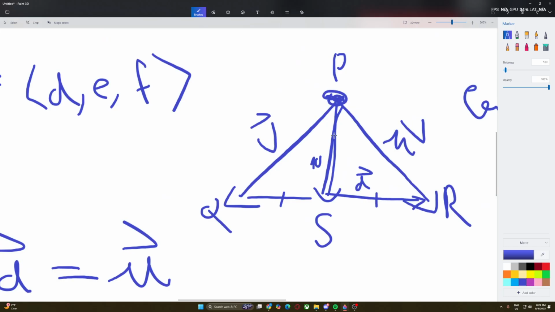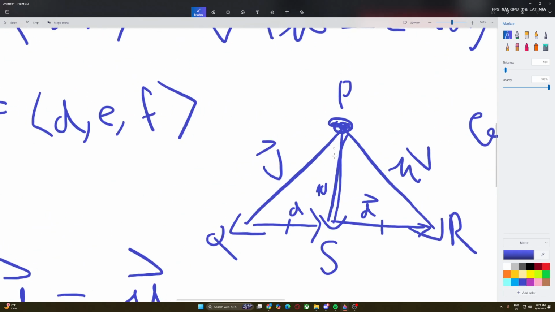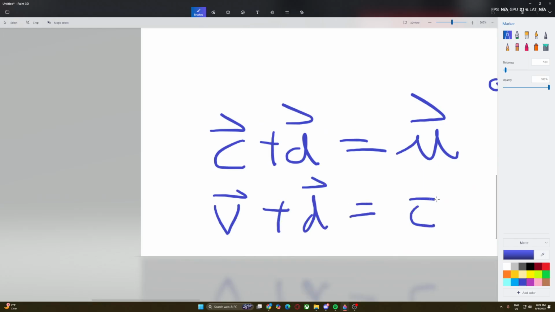So look at this side. Notice this congruent D vector, basically the same D vector, at the terminal point of v vector, and it reaches to the terminal point of C. So you can write that v vector plus D vector equals C vector.